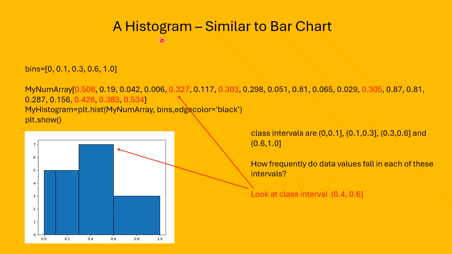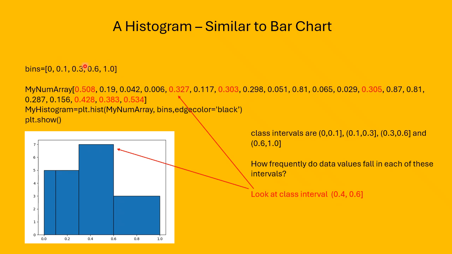So let's look at an example of a histogram and get some sort of idea of how we would use Python to make it. First of all, we're going to have a variable bins, and it contains a list with elements 0, 0.1, 0.3, 0.6, and 1.